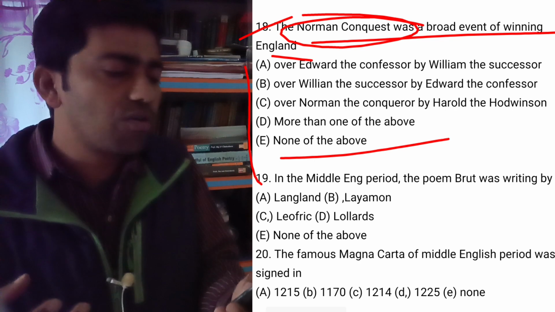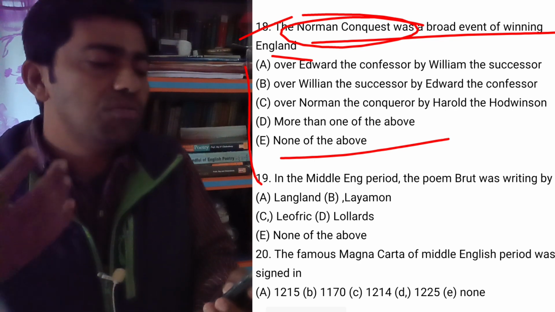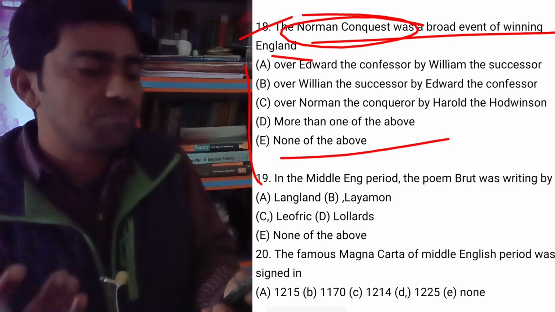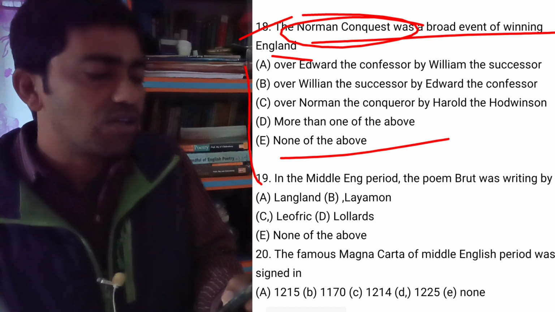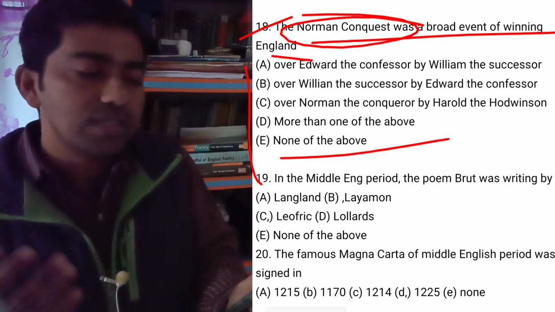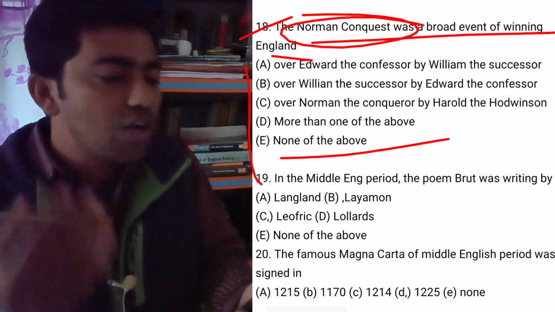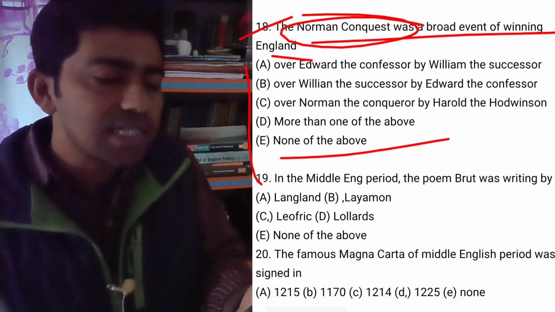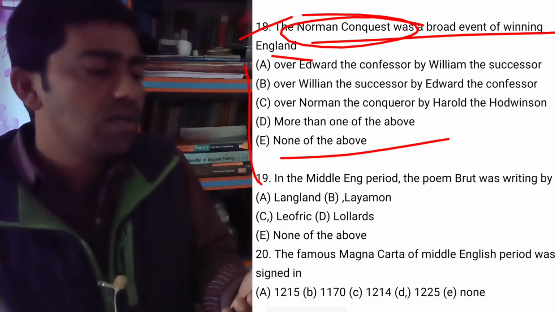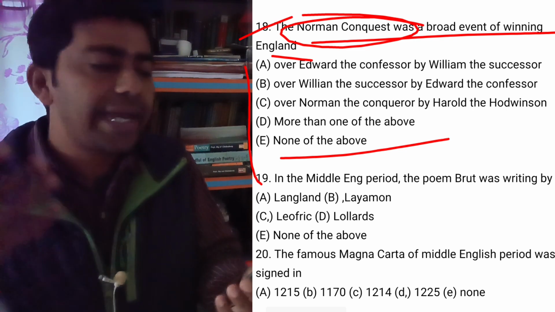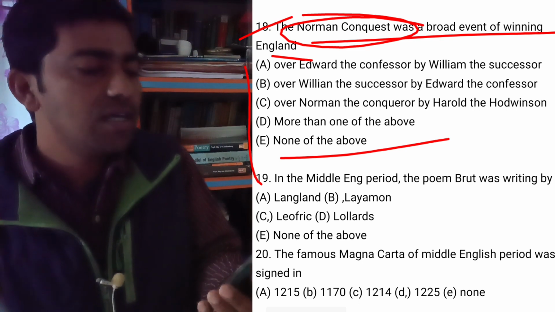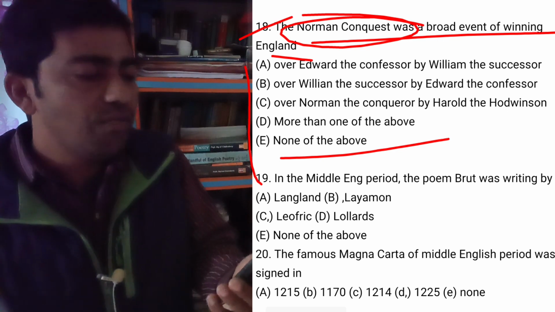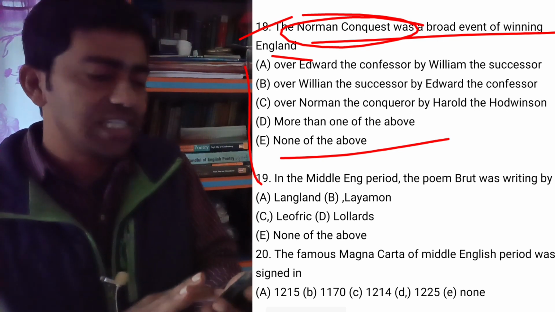It is a broad event behind winning England, that is done over Edward the Confessor by William the Conqueror, over William the Conqueror by Edward the Confessor, over Norman the Conqueror by Harold Godwinson, or more than one of the above, none of the above. Yes, this is a very tricky question.